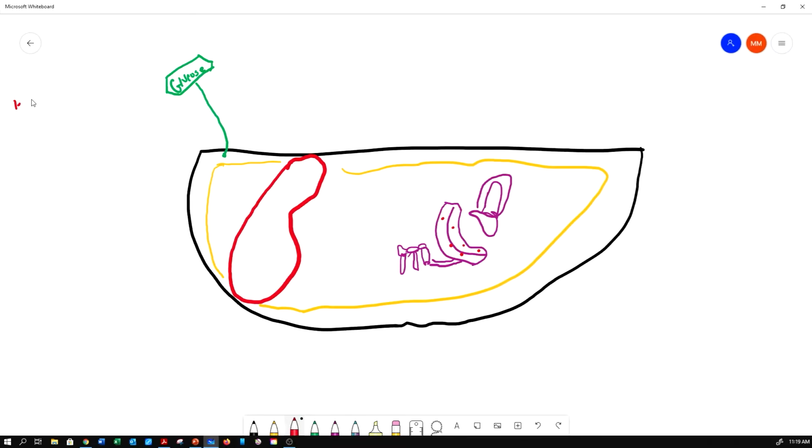Okay, so in which glucose and pyruvic acid are produced.